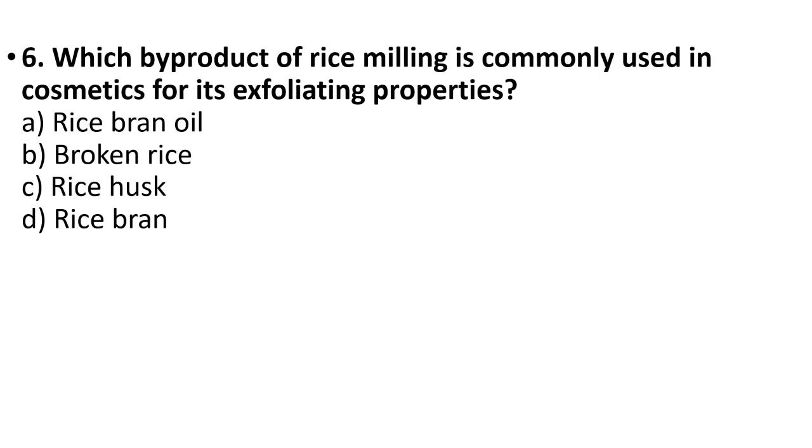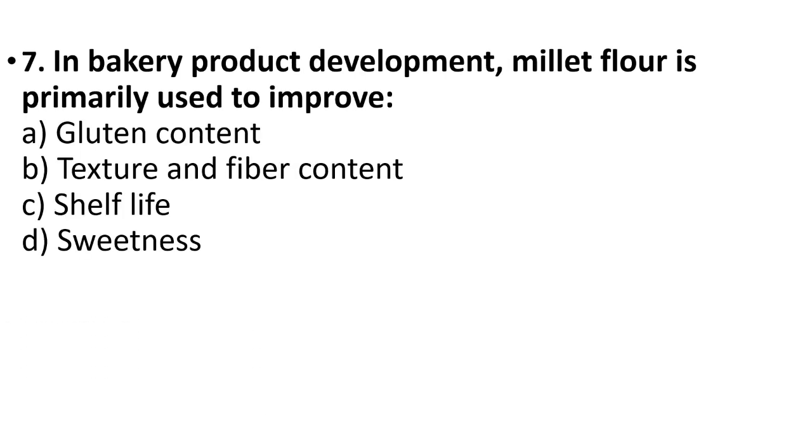Sixth question. Which byproduct of rice milling is commonly used in cosmetics for its exfoliating properties? Rice bran oil, broken rice, rice husk, rice bran. Your answer is option D, rice bran. Seventh question. In bakery product development, millet flour is primarily used to improve gluten content, texture and fiber content, shelf life, sweetness.